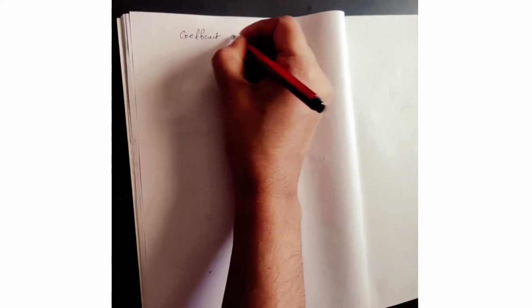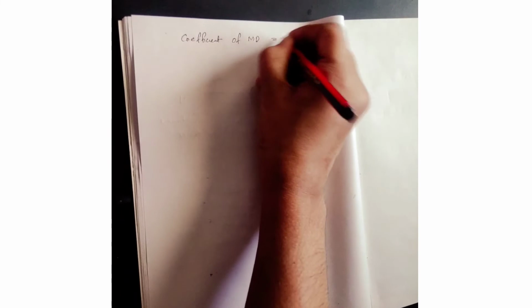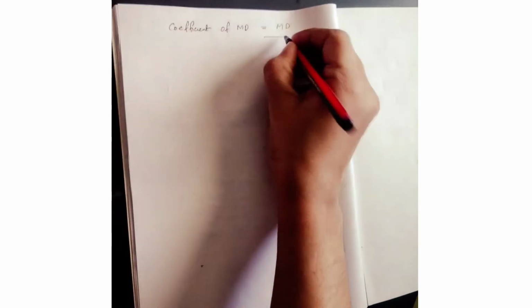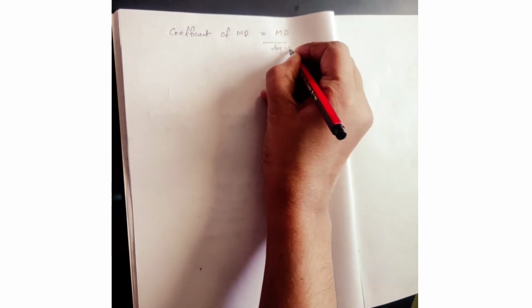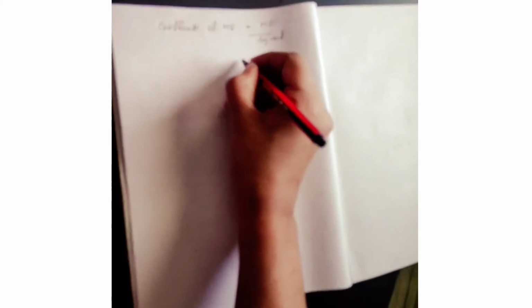Now we can calculate the coefficient of mean deviation. The coefficient of mean deviation can be calculated with the equation MD by average used. Here we use the average mean. We have already calculated MD, which is 12.